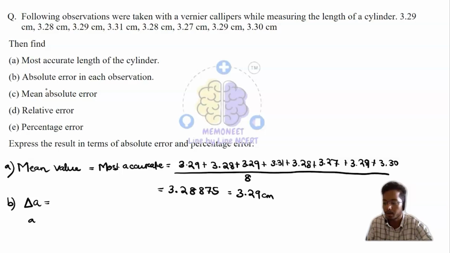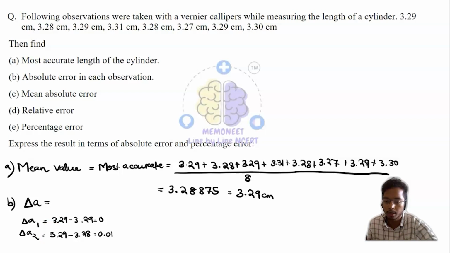Let's say we are trying to find the first absolute error, A1. 3.29 minus 3.29, this will be 0. Then for del A2, that is 3.29 minus 3.28, which equals 0.01. What we are trying to do is take the difference between the mean value and the observed value.